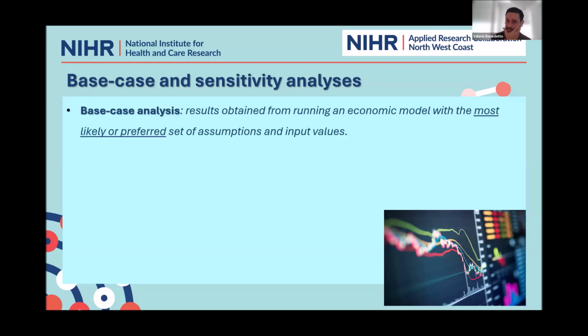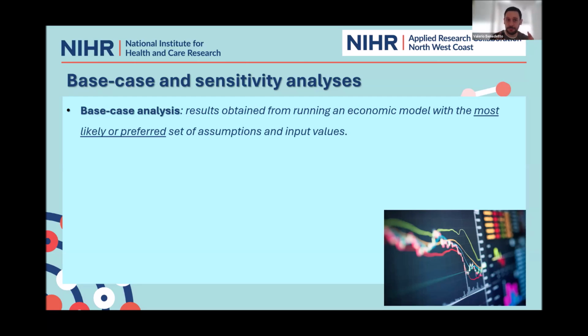With base case analysis, we basically refer to the results obtained from running an economic model with the most likely or preferred set of assumptions and input values. With this definition, we really try to describe that the base case analysis concentrates on the average values, or let's say on the average patient. So if we are implementing the interventions to the average patient, we will get specific values for cost or specific values for QALYs, for example.